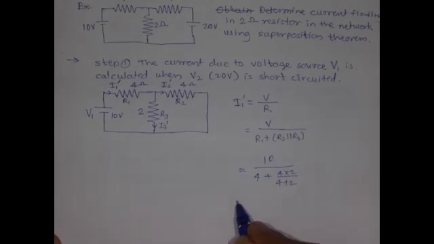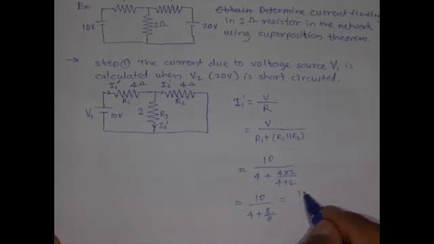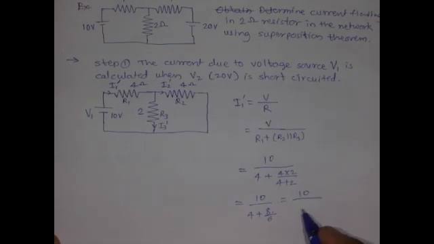Now this value becomes 10 divided by 4 plus 8 divided by 6, and its value is approximately 1.33. Therefore it is represented as 10 divided by 5.33.